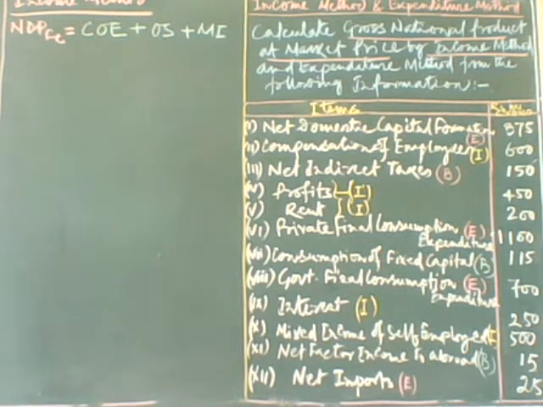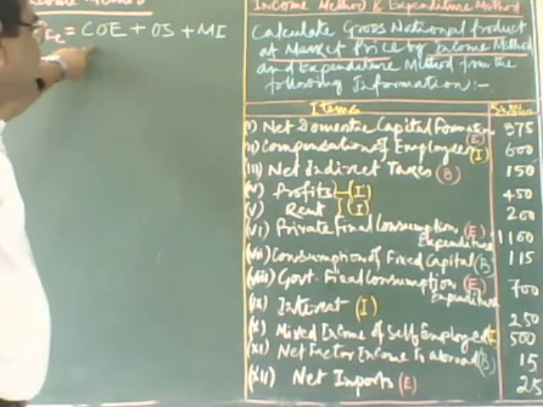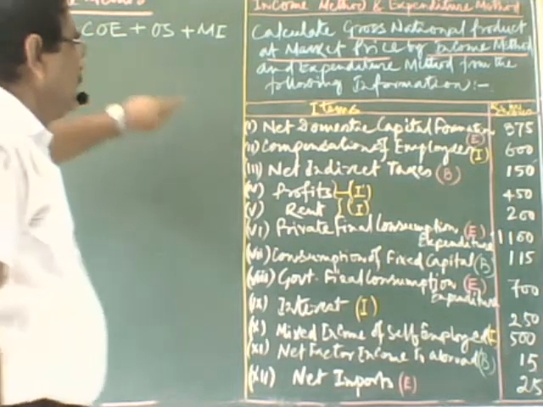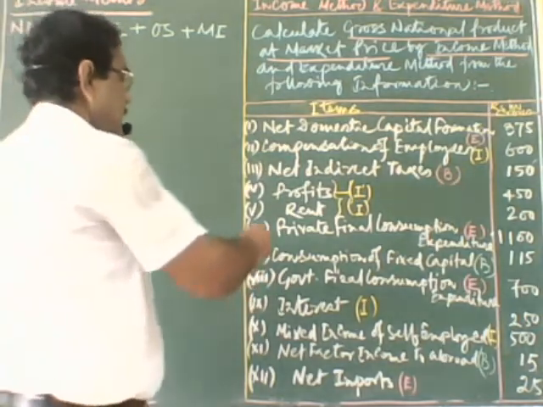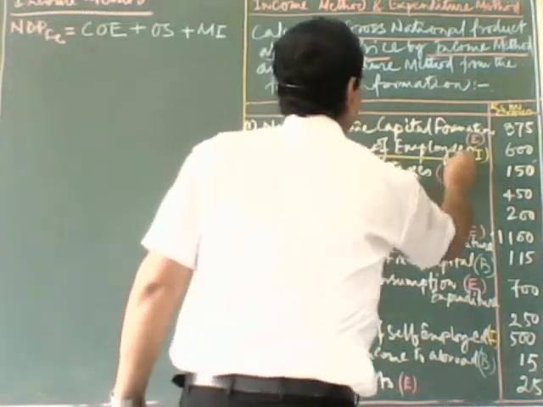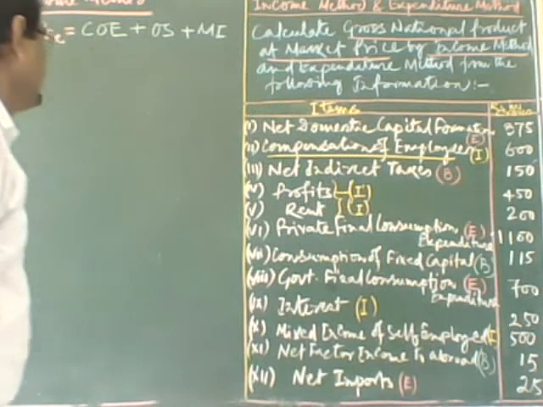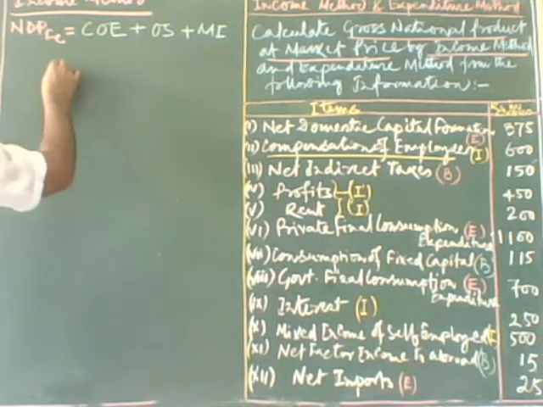These are the main components of income method that will be called NDP at factor cost. Now, compensation of employees, that value is 600.